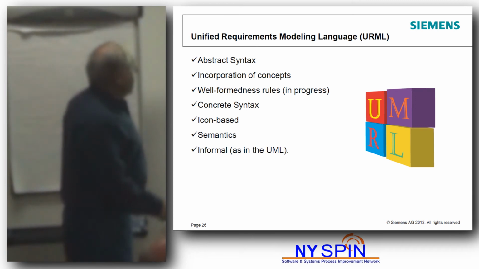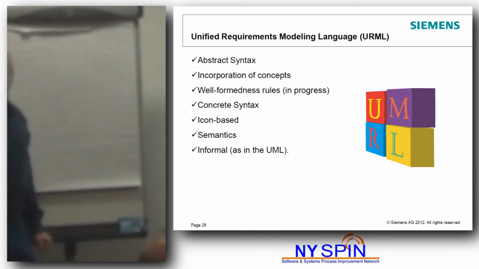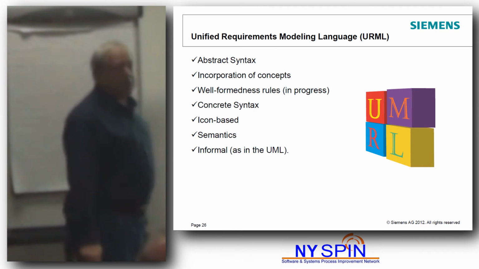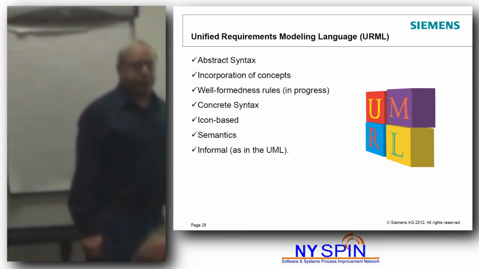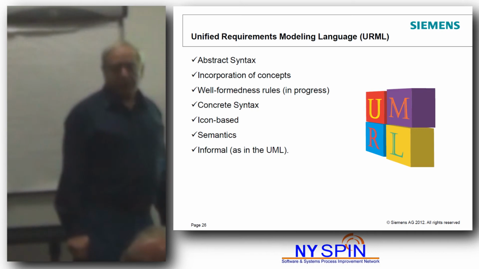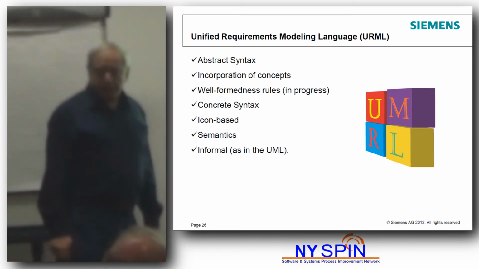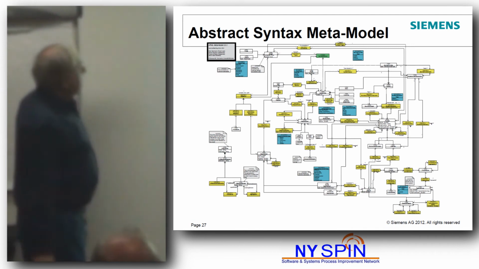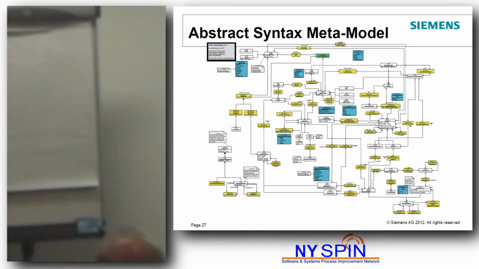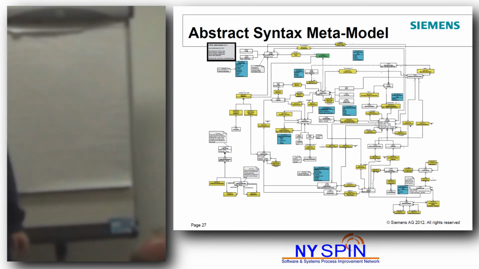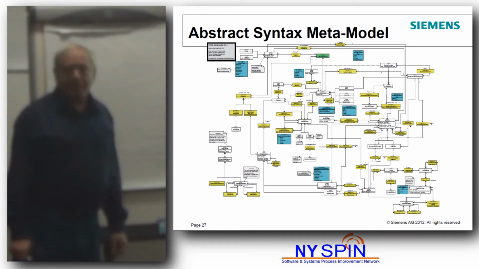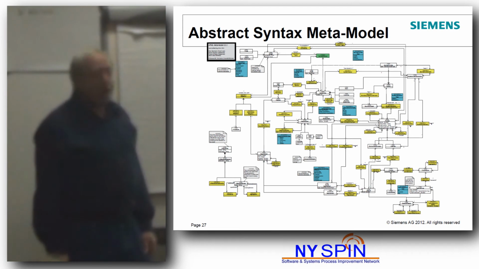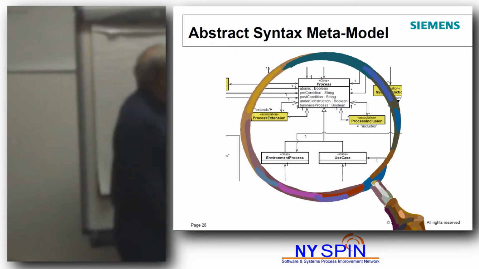And we have semantics, construction semantics, or rules by which you build these things. And it's informal. That is, you can sketch with it just like an Etch A Sketch. You can be formal if you want to, but you don't have to be formal. For those of you who have a grounding in language theory or the concept of meta-modeling, there it is. Enjoy.